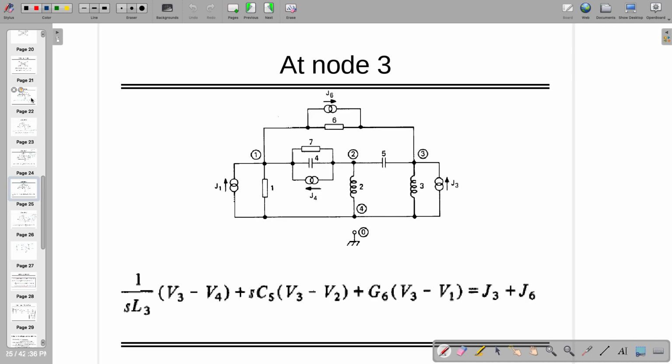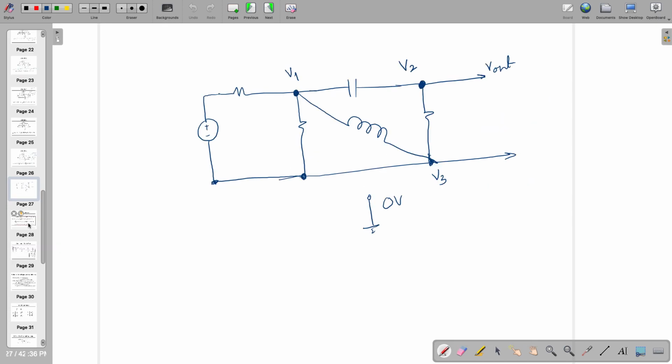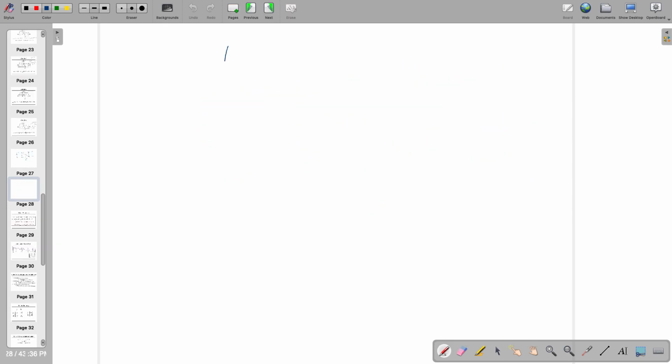I am going to teach you another technique which is known as the admittance matrix method. Directly you are going to have YV equal to J. So Y is readily available. Means you need to be a little bit sharp.